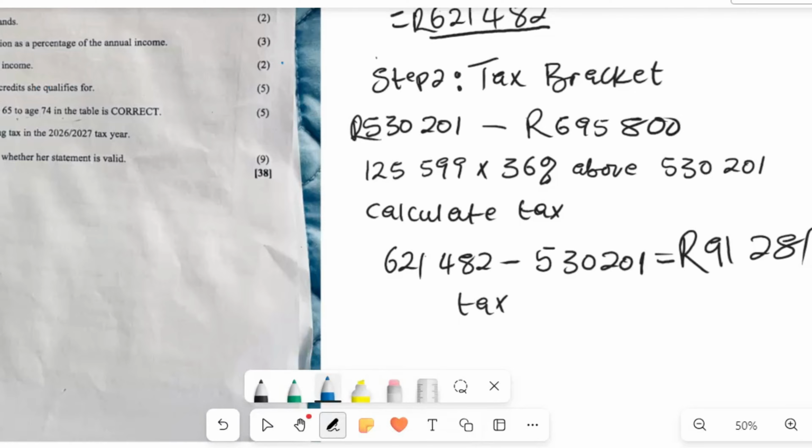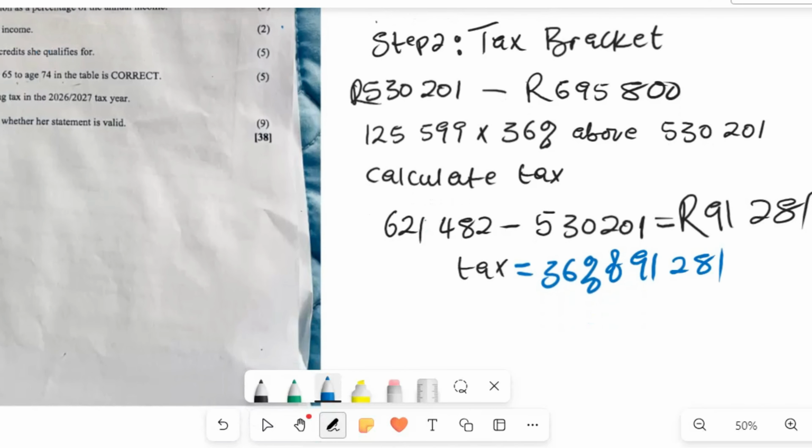So the tax is equal to 36% of 91,281. 36% is just 36 divided by 100 multiplied by 91,281.